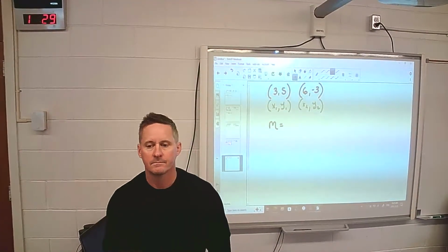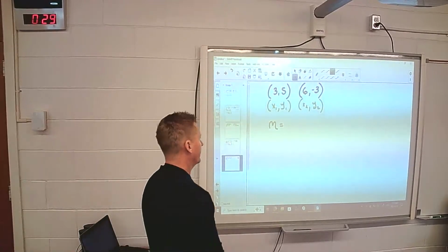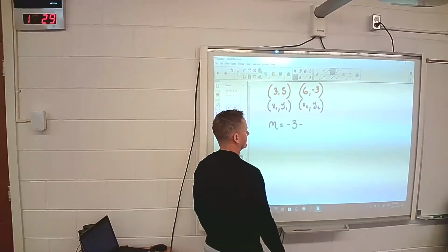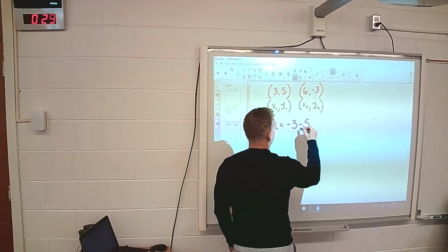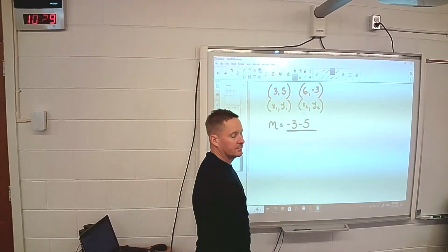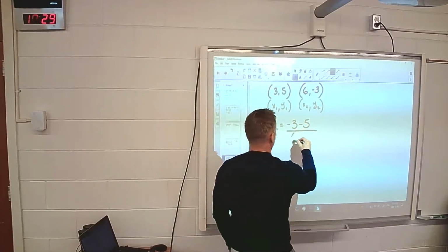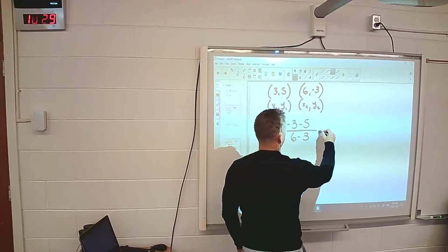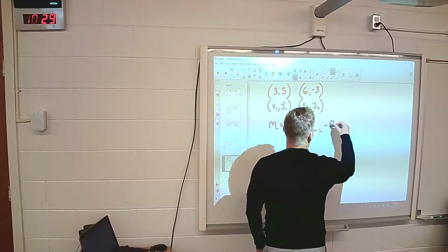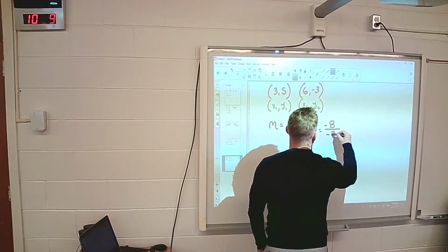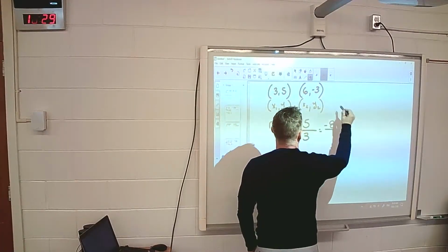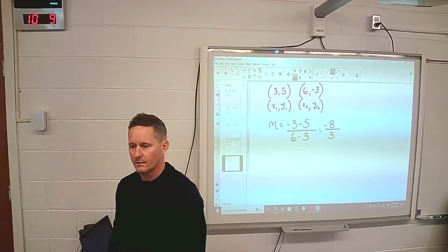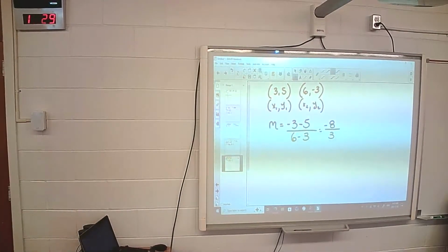Negative 3. What's y1? 5. x2? 6. x1? 3. Slope is negative 8 over 3.